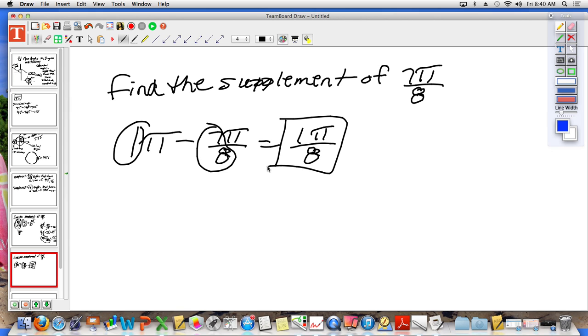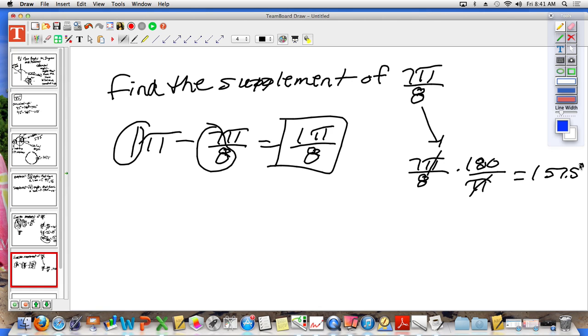I want to do it in degrees too, so if you guys could, this is good practice anyway. 7 pi over 8, let's change it to a degree. Multiply it by 180 over pi. The pi's cancel out. Multiply 7 times 180 divided by 8. 157.5. That's a terrible number. 157.5 degrees, so now that is my degree measure.